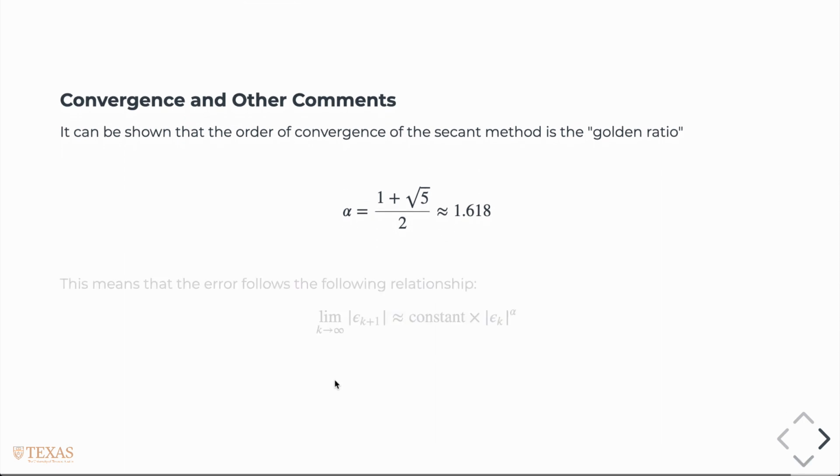Convergence rate of the secant method is on the order of epsilon k to the alpha power, where alpha is this golden ratio, so 1.6. That's a little bit less than Newton's method, and that's because the secant method doesn't have as good an approximation of the derivative. Of course, in Newton's method, the derivative must be analytically calculated.